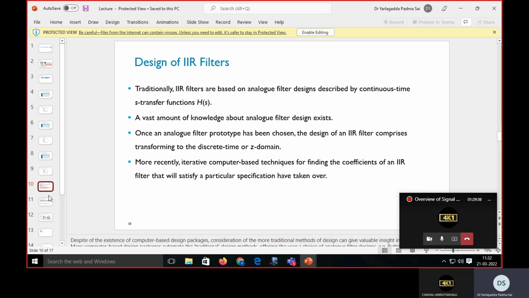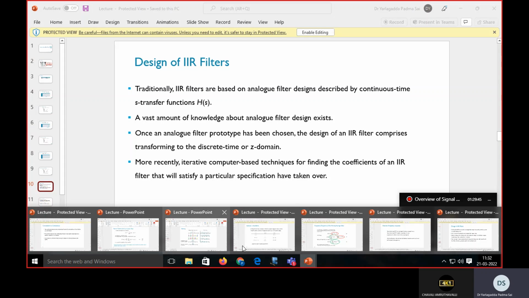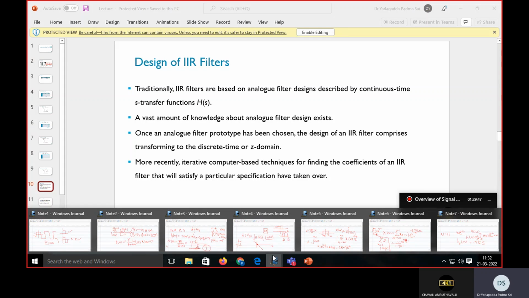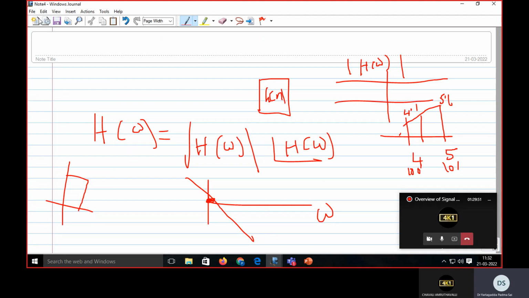Now, in designing the IIR filter, you may get a doubt when designing analog filters. You already studied analog filters, I think in your LIC.